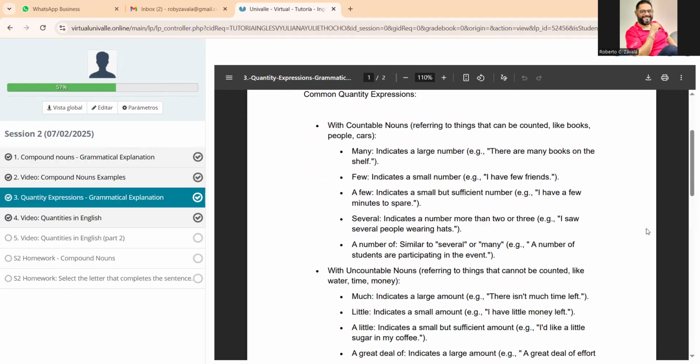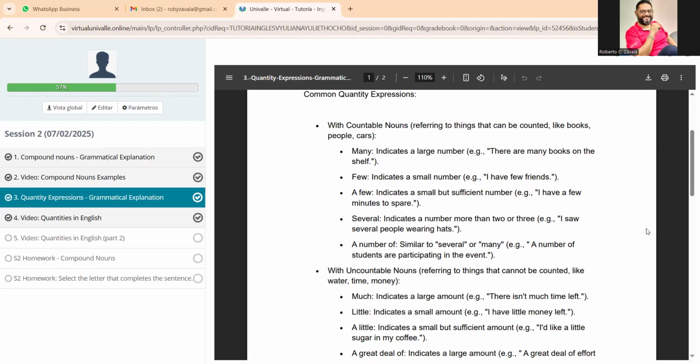Common quantity expressions with countable nouns, referring to things that can be counted, like books, people, cars. Many indicates a large number. Example: there are many books on the shelf. Few indicates a small number: I have few friends. A few indicates a small but sufficient number: I have a few minutes to spare.